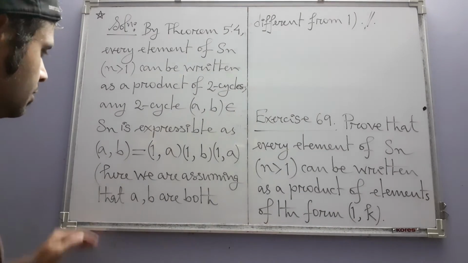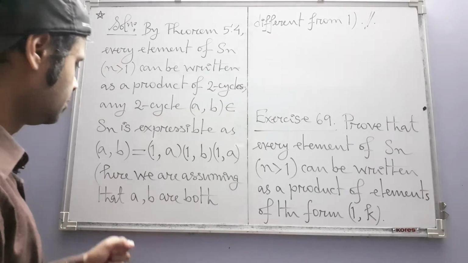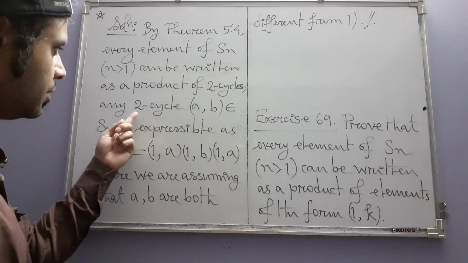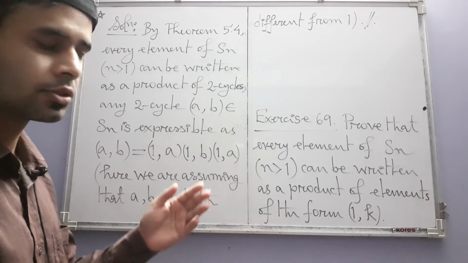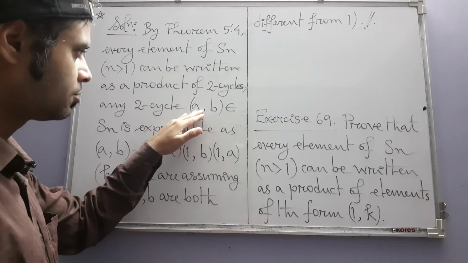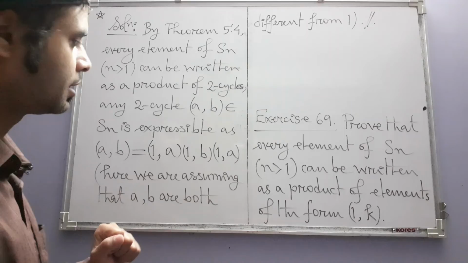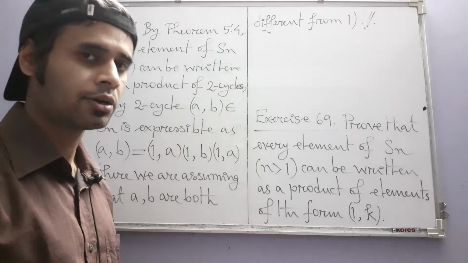Why do we need both A and B to be different from 1? That is because if one of them is 1, see, we have already said this is a 2 cycle. So because we are saying this is a 2 cycle, A and B are different. So if one of them is 1, the other one will not be 1.